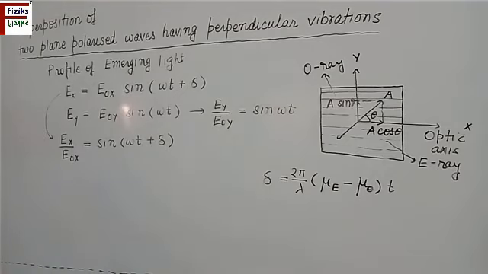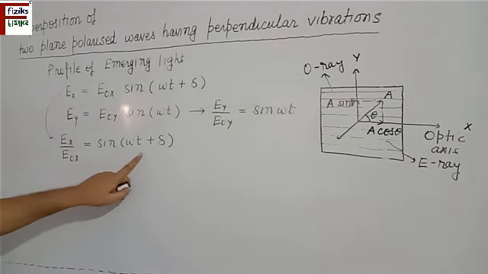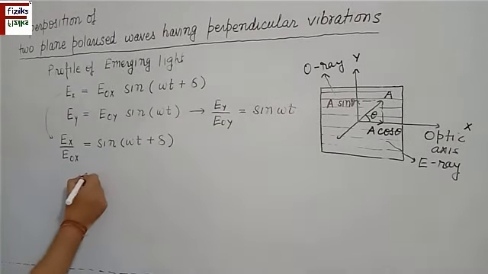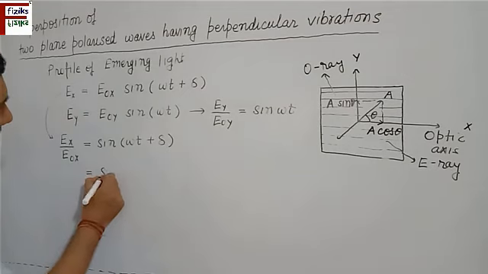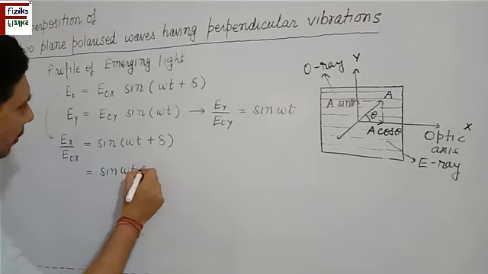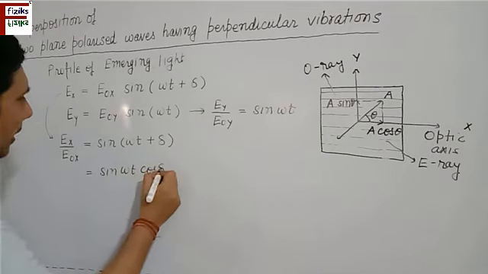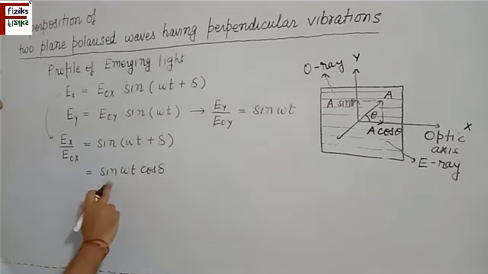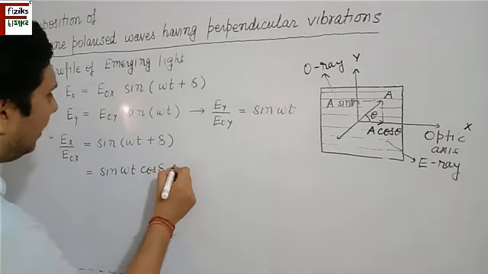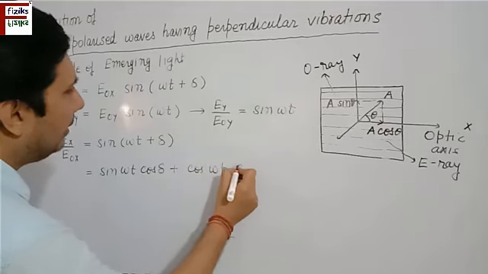So here I have Ex upon E naught x is equal to sine (omega t plus delta). So I can write it as, I expanded this term, sine omega t cos delta plus cos omega t sine delta.